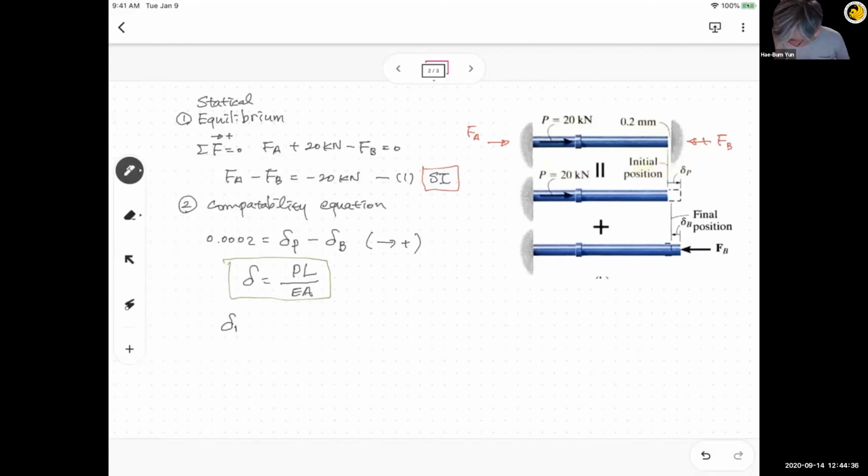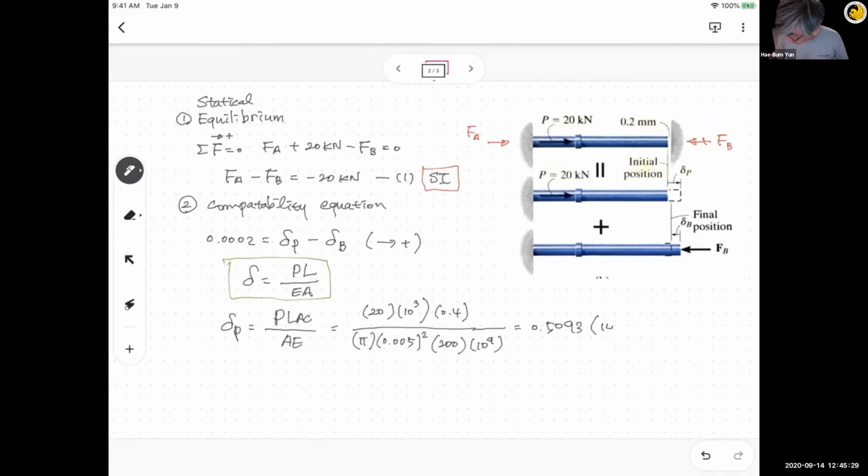So delta P is P L over AE. A is the rod cross-section area, pi times 0.005 squared, and 200 gigapascal times 10 to the 9, is equal to 0.5093 times 10 to the minus 3.